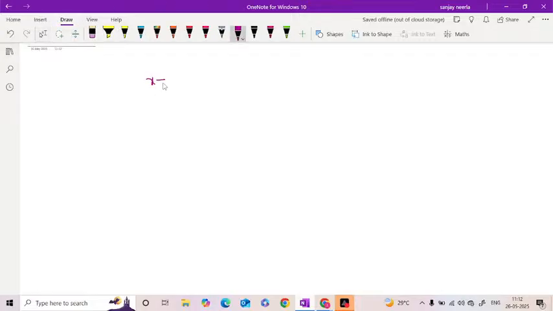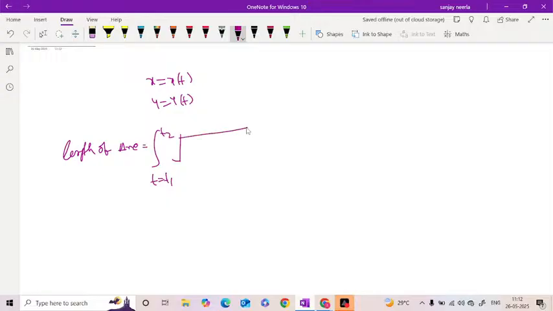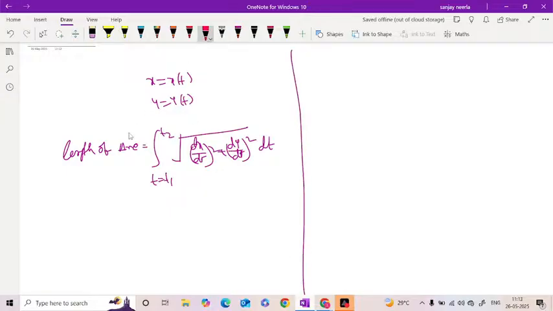Suppose x is equal to x of t and y is equal to y of t, and the length of the arc is integral t1 to t2 under root of (dx by dt) whole square plus (dy by dt) whole square into dt. It is in 2D.